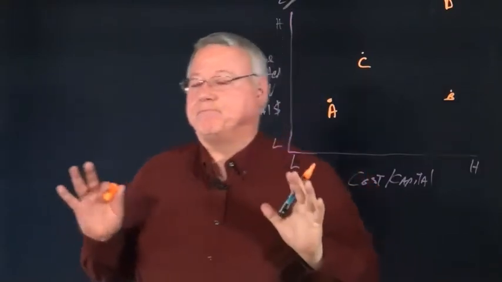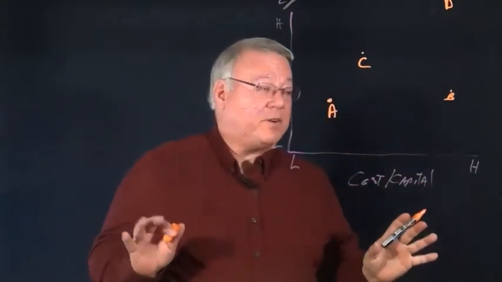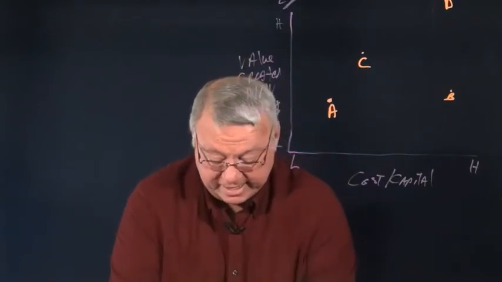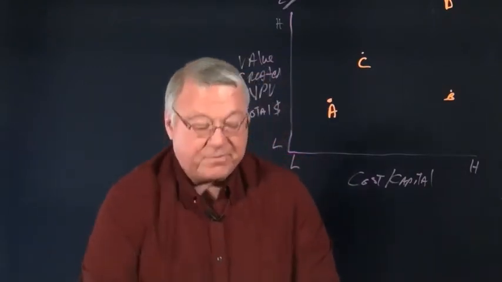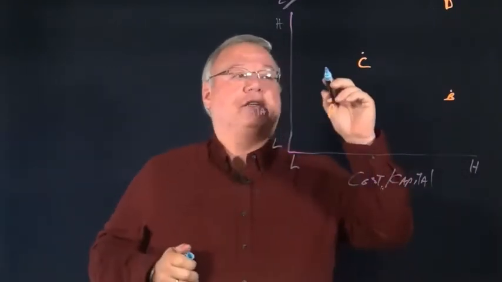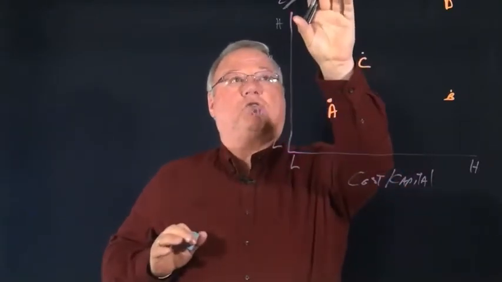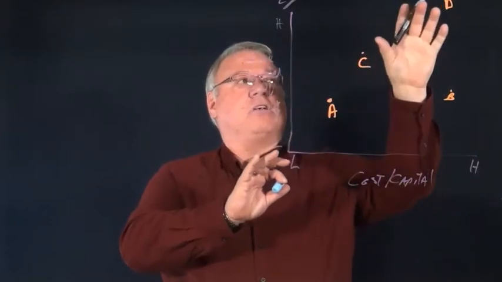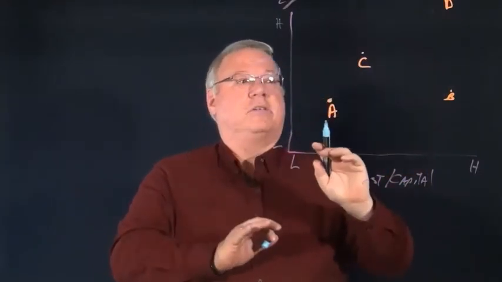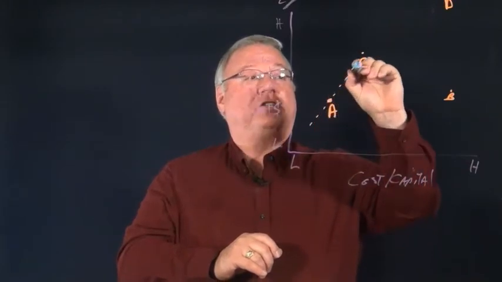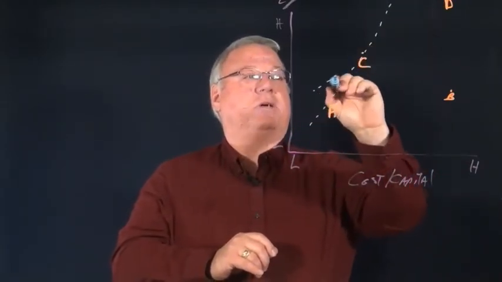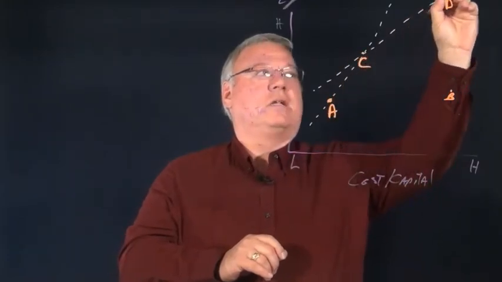All right. Now, to do an efficient frontier, here's the next step. You're going to create an efficient frontier line. So we're going to look at this corner, and we're going to look at the items that are closest. Now, in this case, I could do two efficient frontiers. I could do this one and that one.